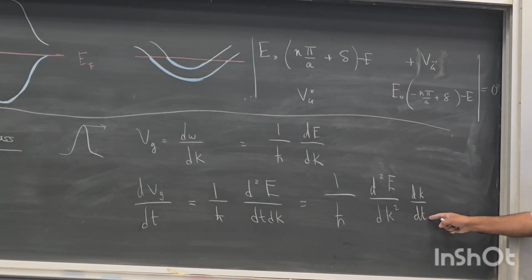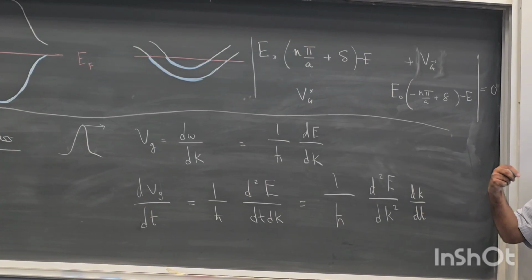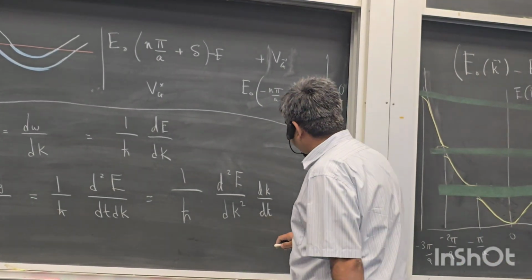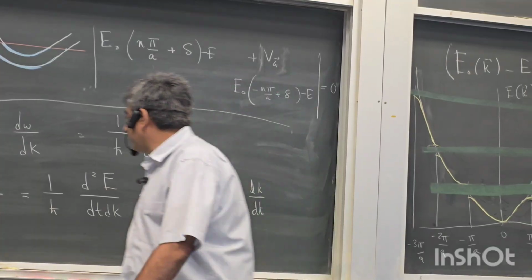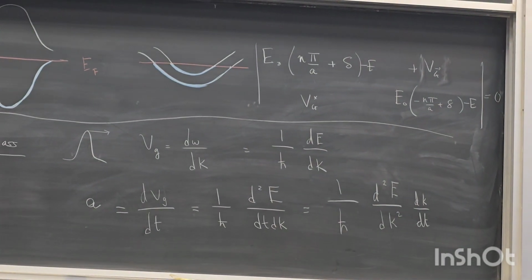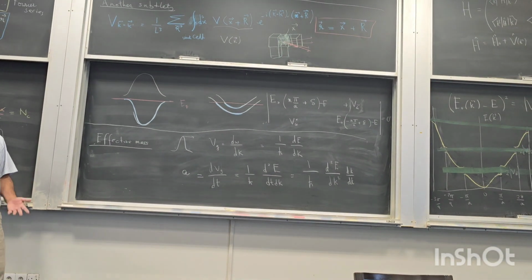Now what is dk by dt? Remember h bar k is some momentum. So let's call this some a, something that has the dimensions of acceleration.